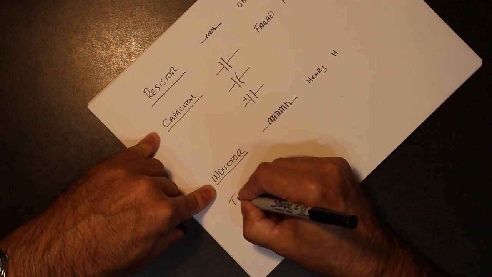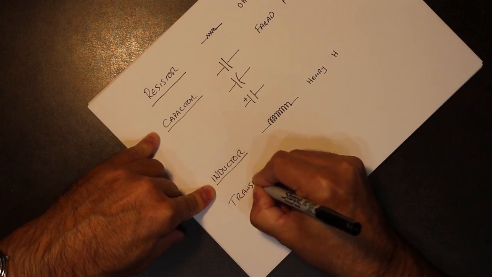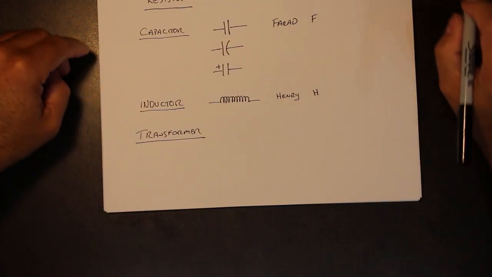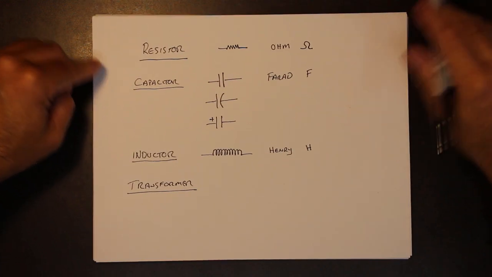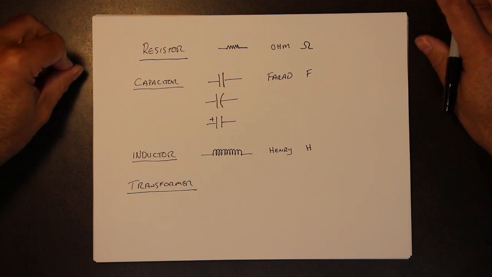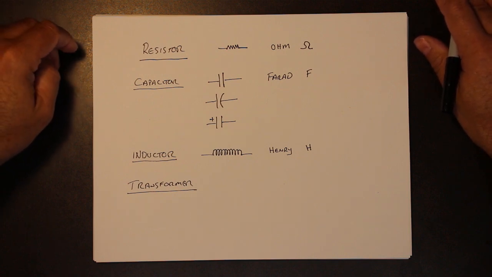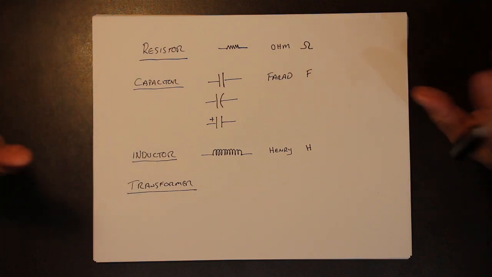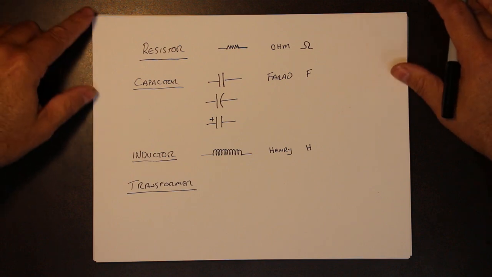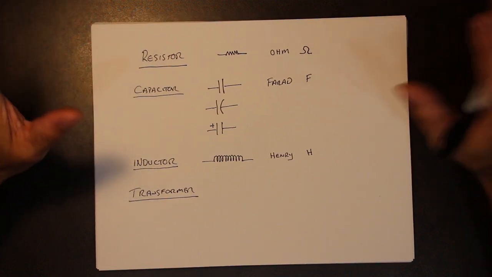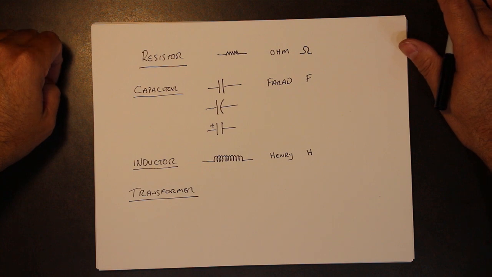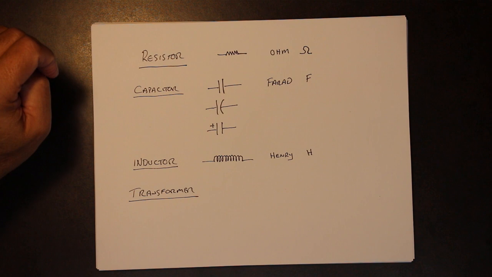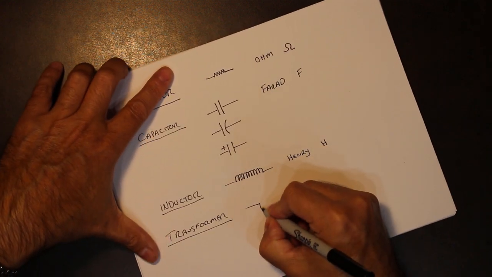Then we have the transformer. Now everybody knows what a transformer is. It's a robot in disguise. Optimus Prime, we've got Megatron, and all of the others, all the Autobots and Decepticons. And there's a big war that was brewing years ago over Cybertron, and we ended up with a bunch of different movies. But in this particular case, the transformer is a device. Its symbol kind of looks like this.